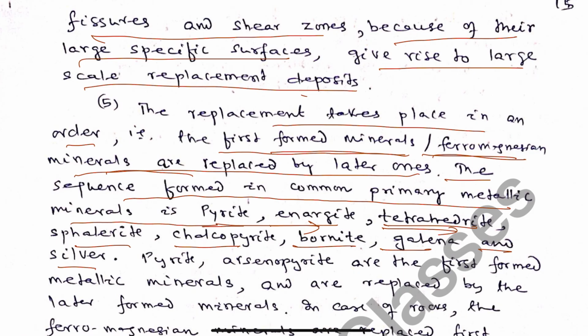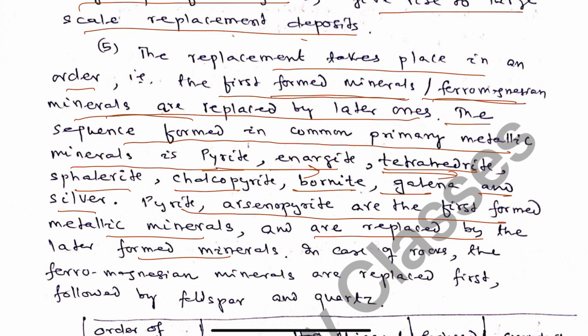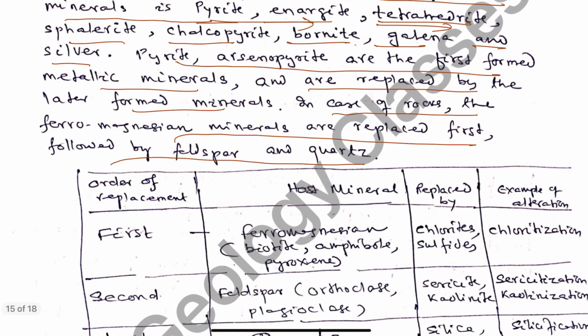Pyrite followed by enargite, then tetrahedrite, and finally silver. Pyrite and arsenopyrite are the first formed metallic minerals and are replaced by the later formed minerals.